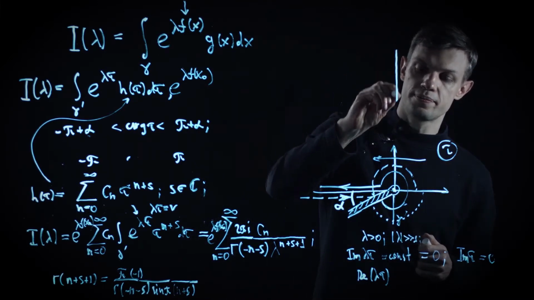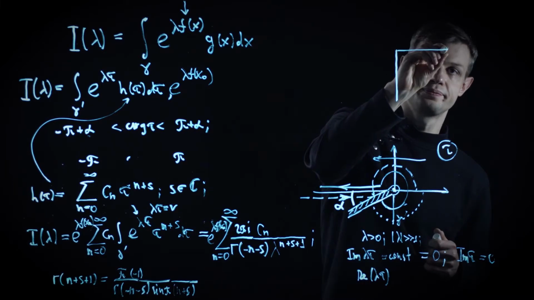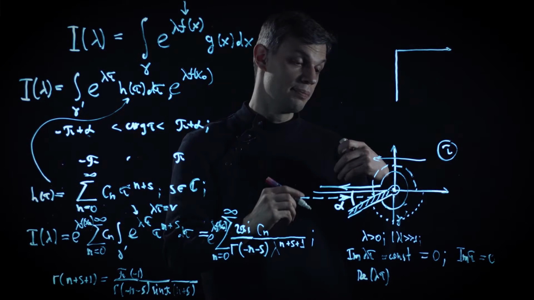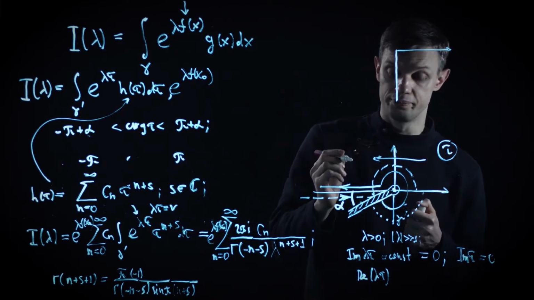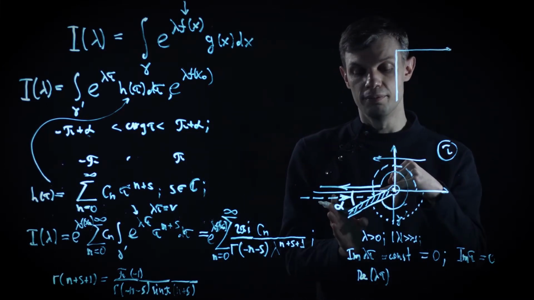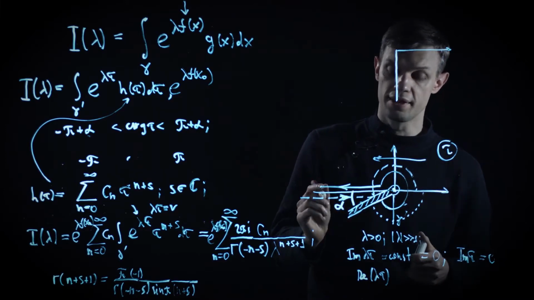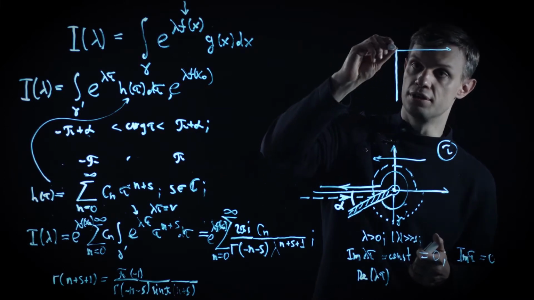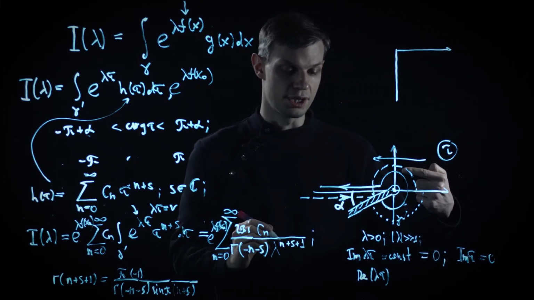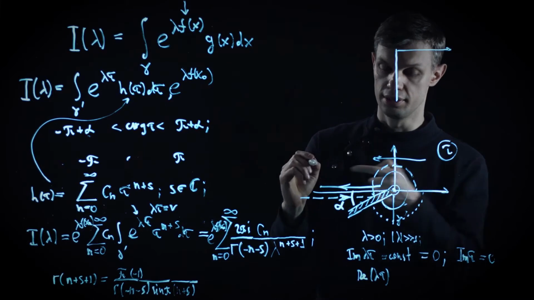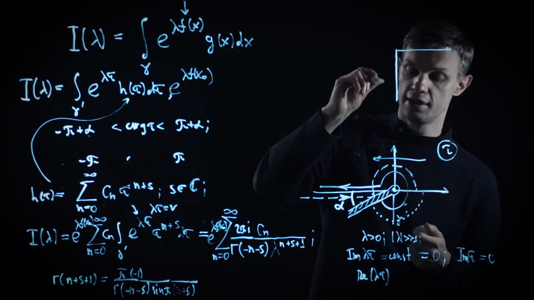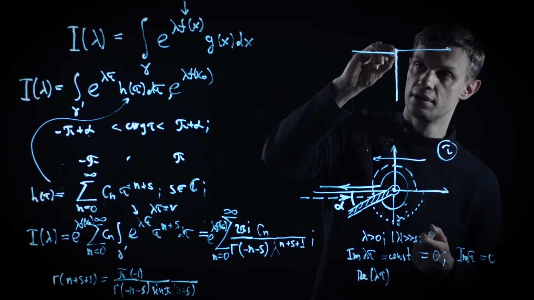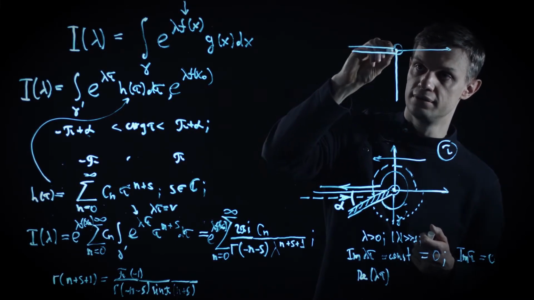So again, we have the initial position of the branch cut. Here it's just inclined slightly below. But what you can actually do is deform the branch cut in such a way that it obeys the position of the steepest descent contour. So for example, for this picture, since our steepest descent direction is pi, the negative real axis of tau, what we do is deform the branch cut itself.